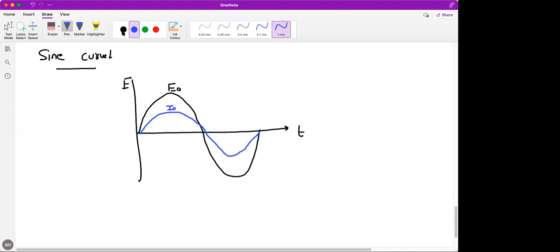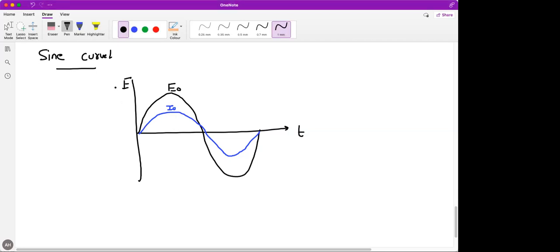In this graph, which one has the higher peak value, EMF or current? EMF, right? EMF will have a higher peak value than current. So this is the graph, EMF and current versus time, the simultaneous sine curve, as we call it.